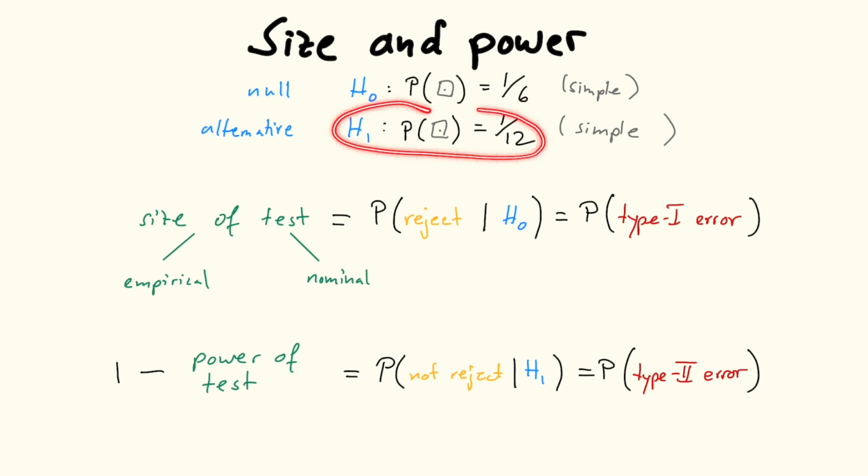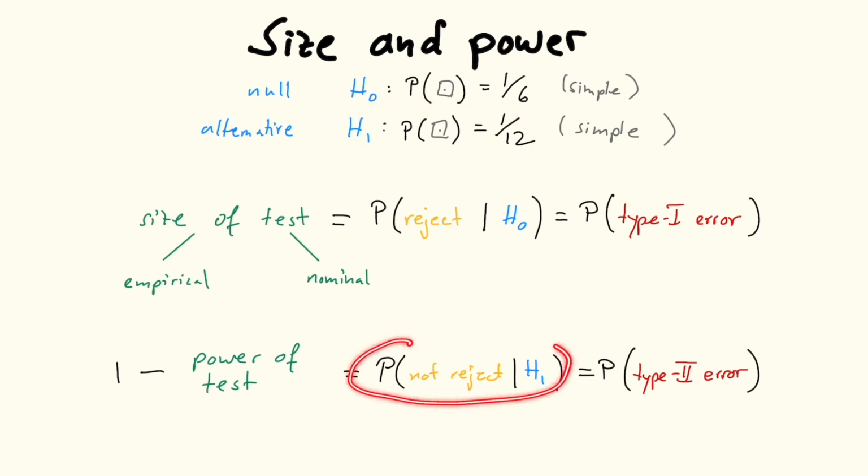This means there are multiple ways for your friend to cheat. Now, this probability is ill-defined. It doesn't really define a unique number because it depends on where we are in the alternative, or in other words, it depends on how our friend is cheating. We will ignore all these complications. The simple setting here already gives us a very good idea of what size and power are.